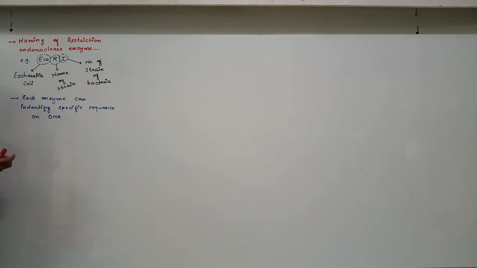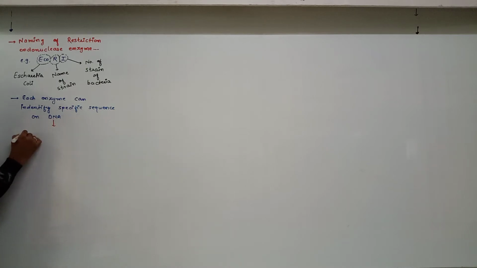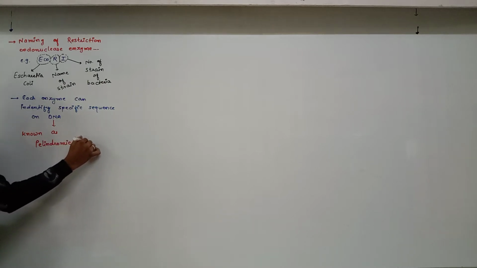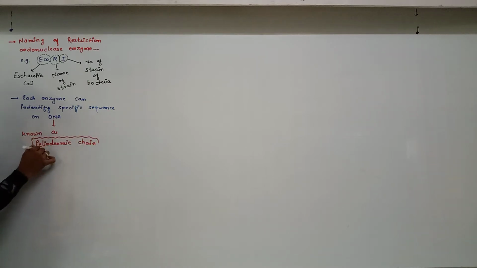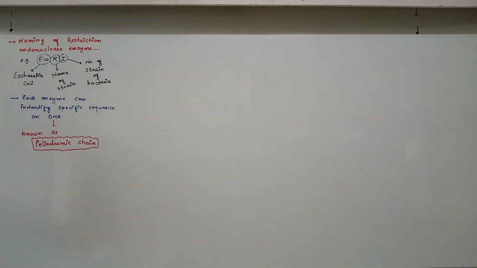This is known as a palindromic chain. This palindromic chain can be read from one side to the other side.